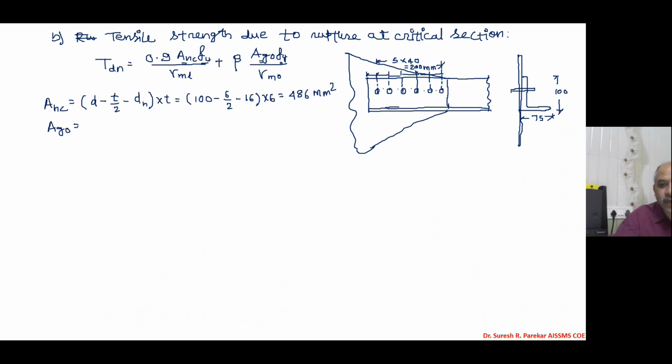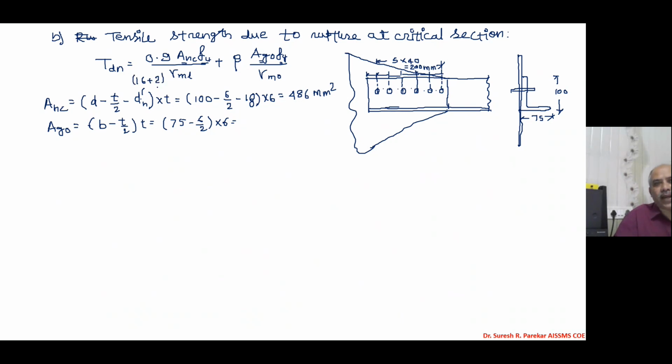And AGO, so we have this as 175. So we have this distance as B minus T by 2 into T. Now value of B we have 75 minus 6 by 2 into 6. Sorry, this is actually 18 because we have diameter of hole, and diameter of hole is diameter of bolt plus 2.